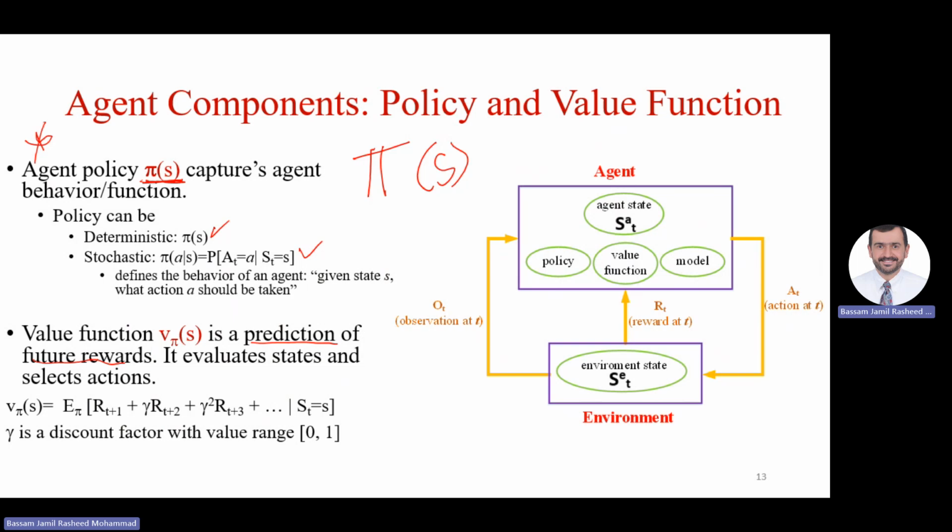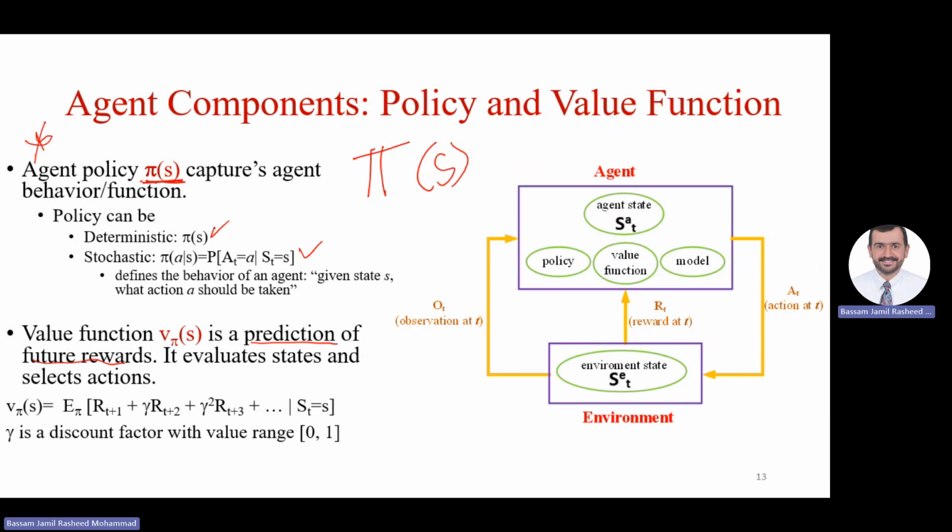And why do we need to know both? Because we will see that some algorithms are geared towards computing the value of the state, and some algorithms are geared towards computing the value of action. For example, one of the algorithms that we will learn in this course is Q-learning.